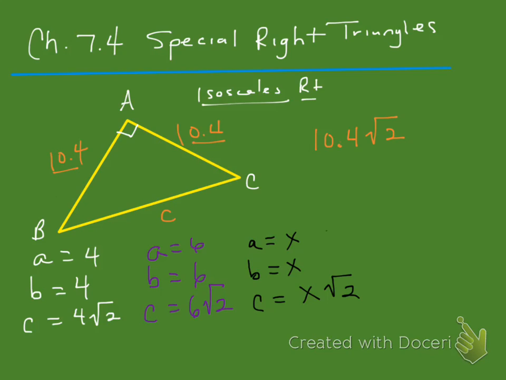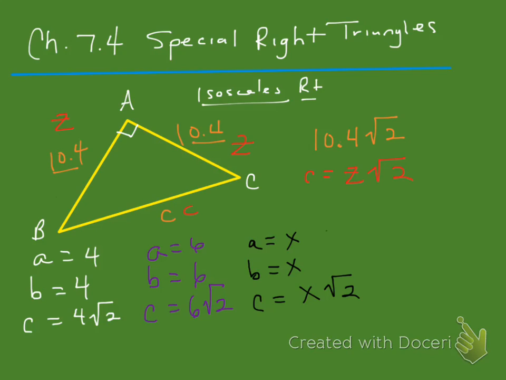If I said something even more generic, something along the lines of your side lengths of an isosceles right triangle were, let's say, Z and Z, what would C be? C would be equal to Z square root of 2.